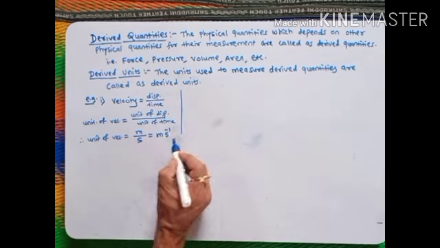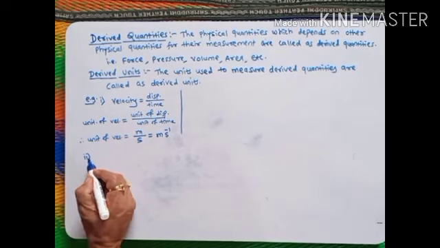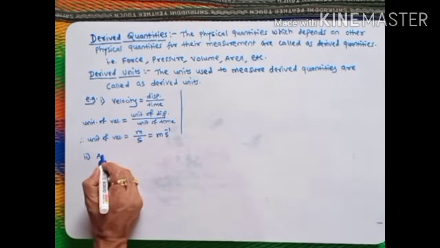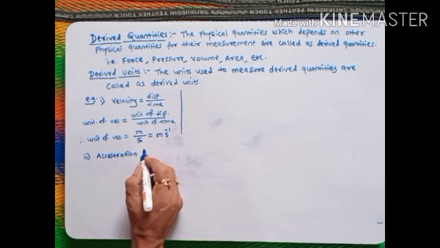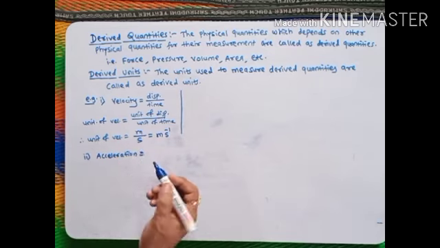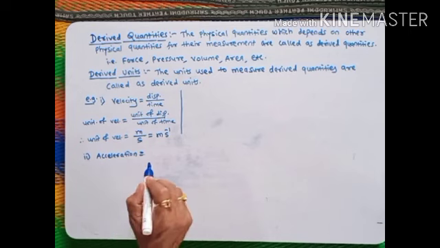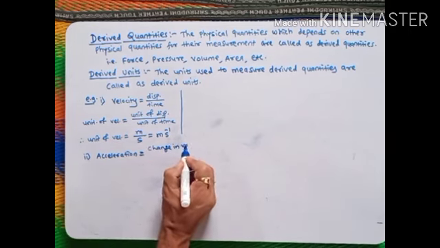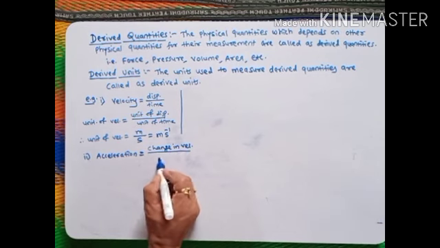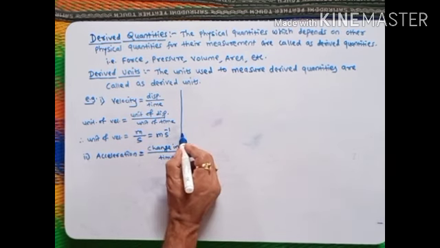Now we consider the next example. Suppose we consider acceleration. Acceleration is the rate of change of velocity. I will write it like this: change in velocity with respect to time, or change in velocity divided by time.